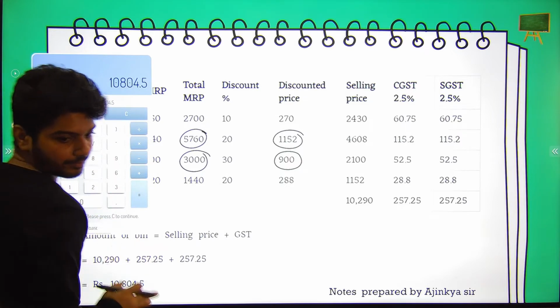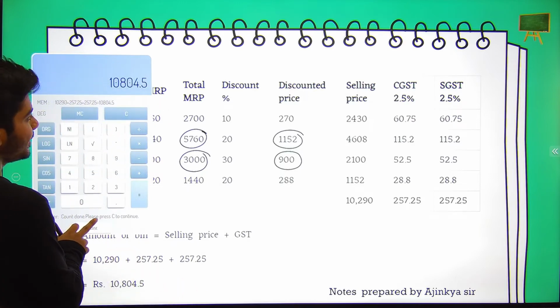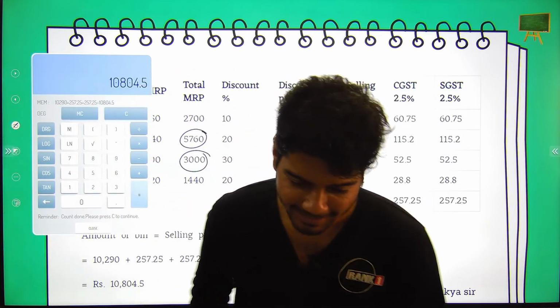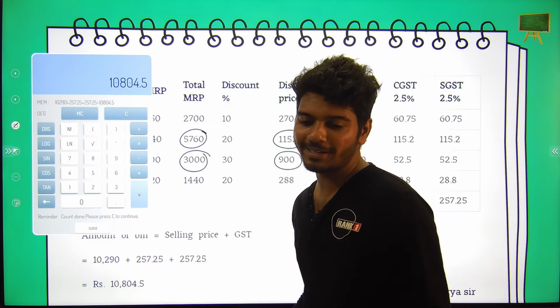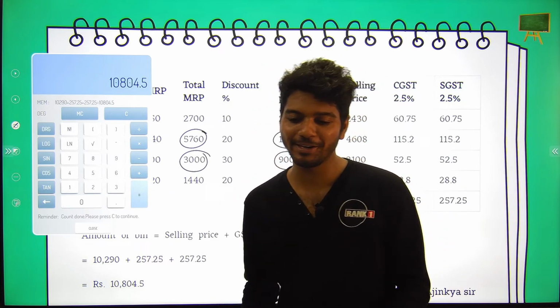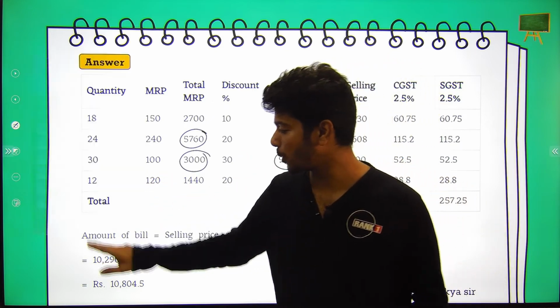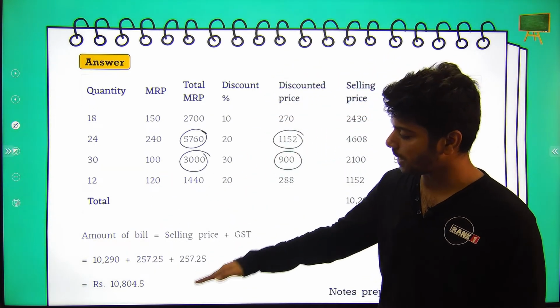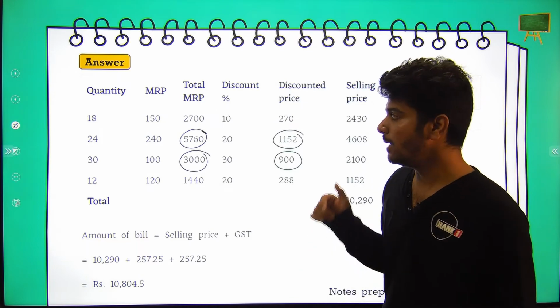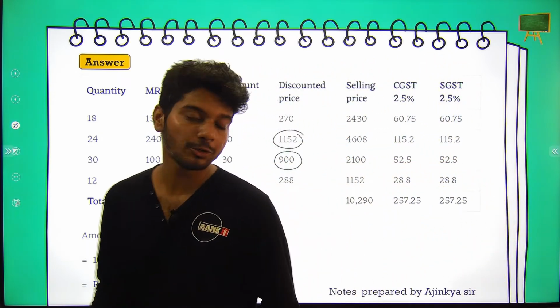So correct. Everyone is with me? Everyone is writing, na? I cannot make out, but still I am sure that you have understood the sum and you are understanding the whole topic properly. So this was the answer. This is the amount on the bill which you need to understand.